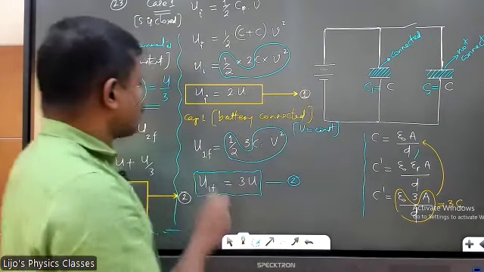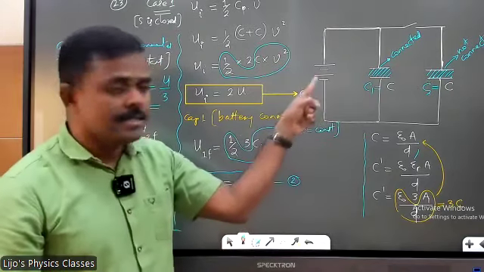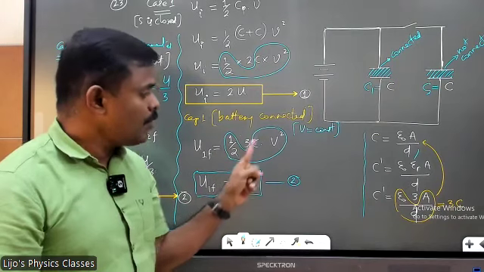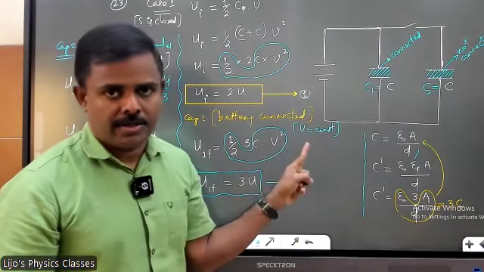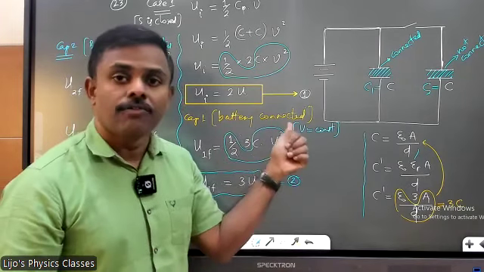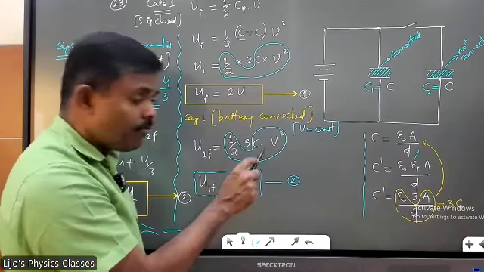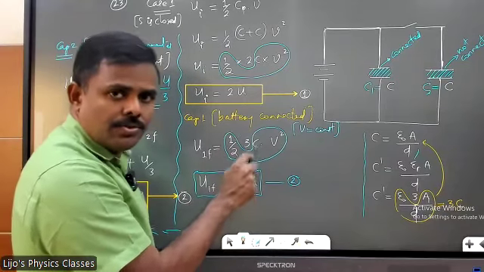So for the battery connected case, the equation for energy is half C V square, because battery connected means voltage is constant. So I must use an equation with voltage inside: half into C into V square.